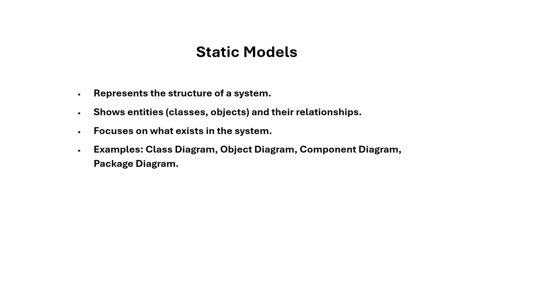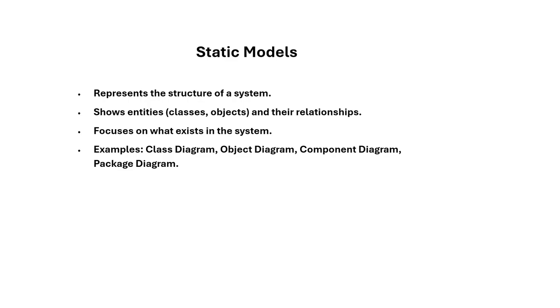Now, there are two different types of models in the UML. One of them is called the static models, and the second one is the dynamic models. Let's talk about the static models first. Static models represent the structure of the system. It shows what the classes are.